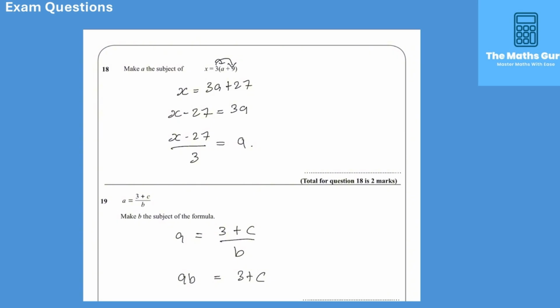Then we need to make b alone, and we see that b is being times by a. So to reverse this and get b by itself, we divide through by a on both sides. So ab over a is equal to 3 plus c over a. A and a are going to cancel out and just give 1, leaving b is equal to 3 plus c over a.